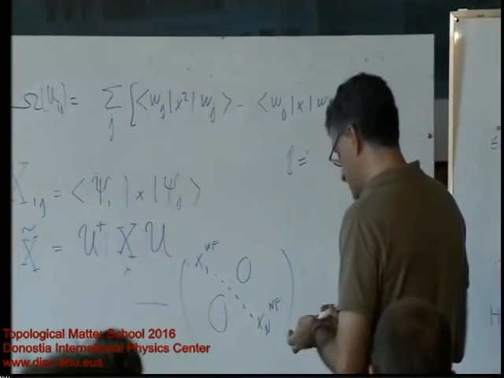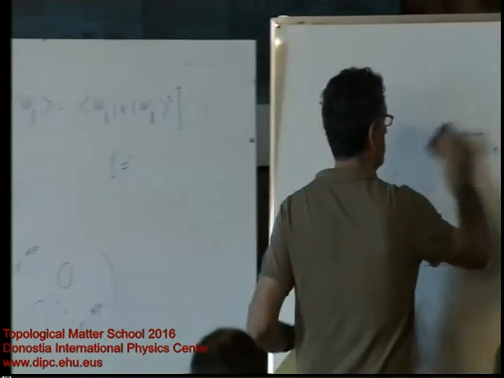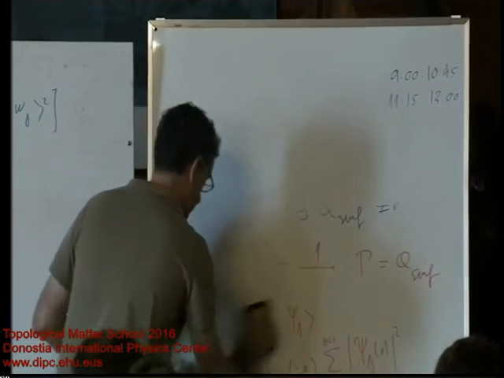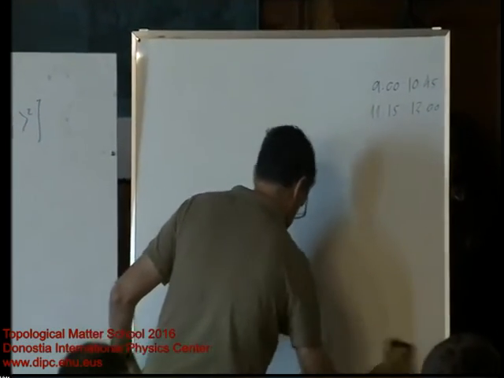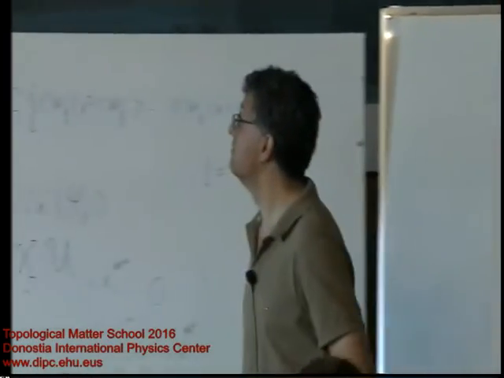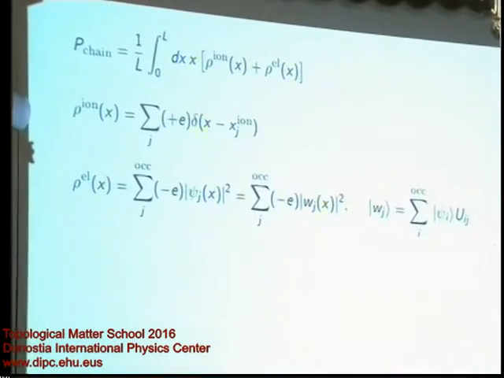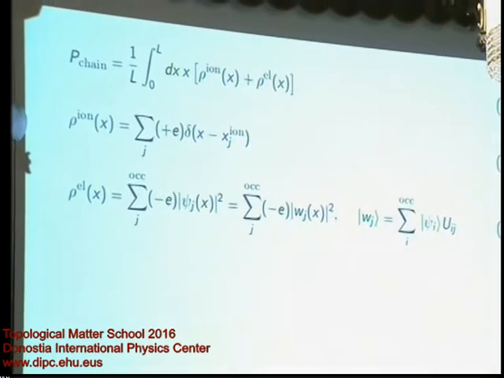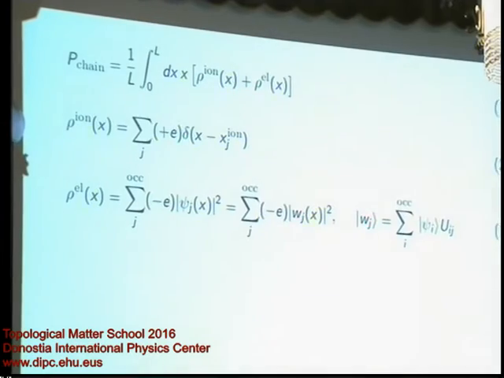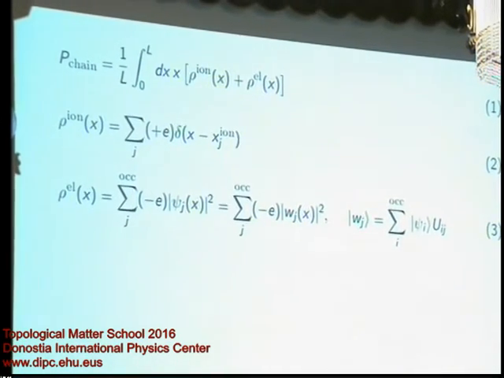So once we've reached this point, things start to look better, because I can just evaluate the equation. What I want to do is to plug the middle expression for the electronic density in terms of these localized orbitals, so equation 3, the right-hand side, into equation 1. Okay?